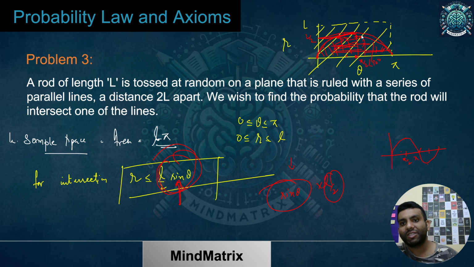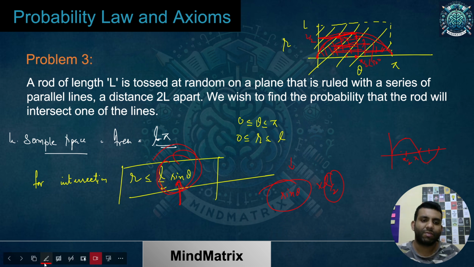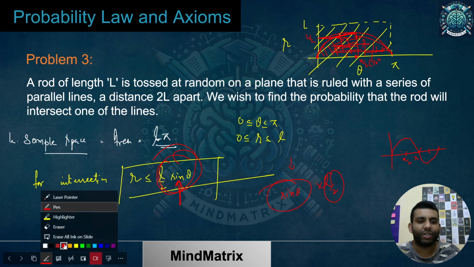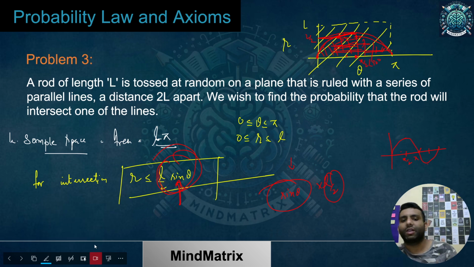So how do you find this area? Simple stuff, area under the curve. How do you do that? You can go by the simple method, which we have already solved in our lower classes. What would be the area if you just consider a small strip over here with width d theta?